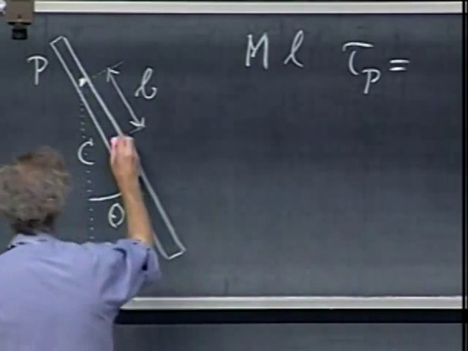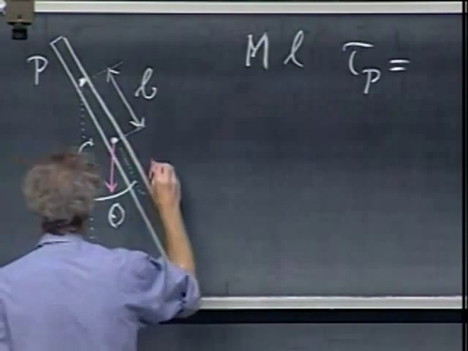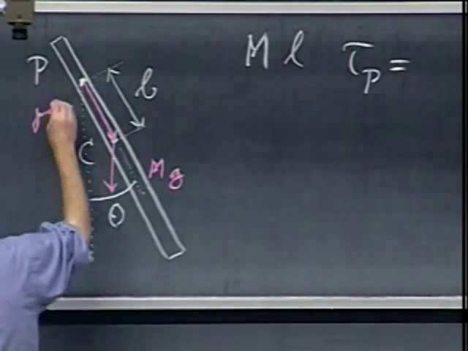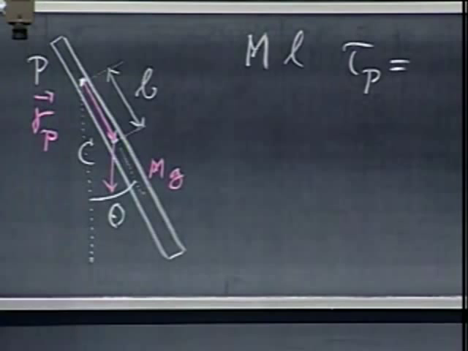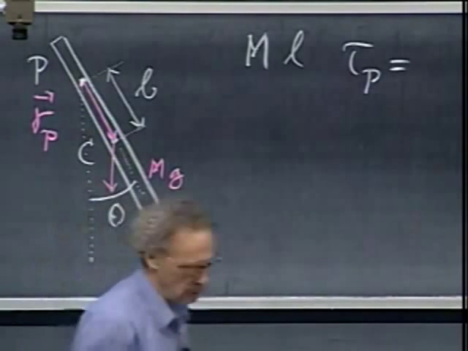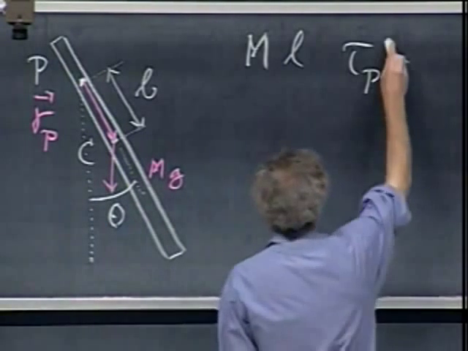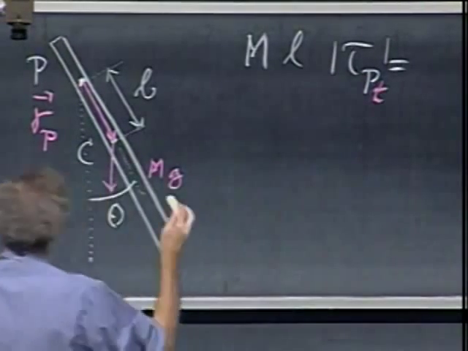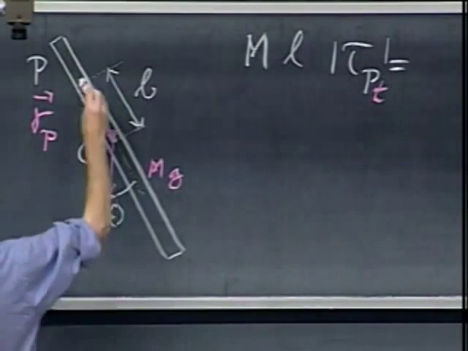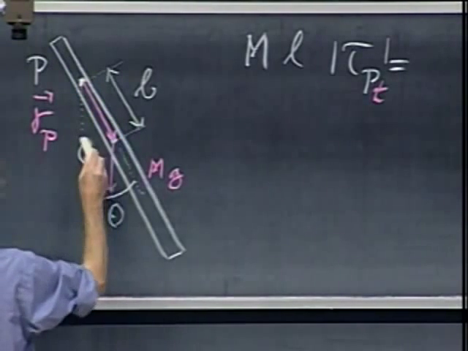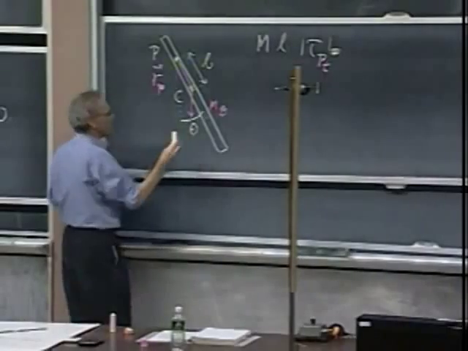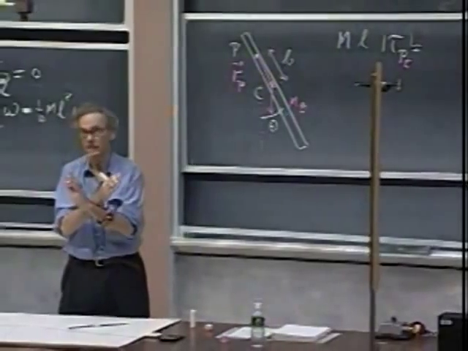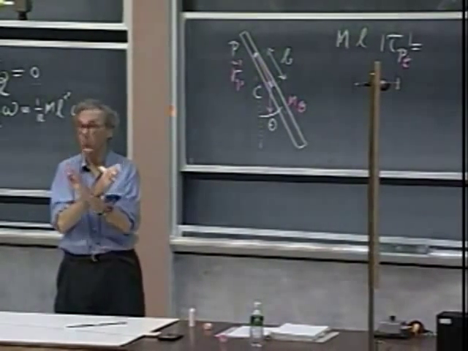All I worry about now is this mg and this position vector r_p. That determines the torque. And the magnitude of that torque, and I'm sure that torque is going to change in time, equals mg times this distance b, but I have to take the sine of this angle theta, because remember, it is a cross product between r and F. And the cross product has the sine of the angle in it.